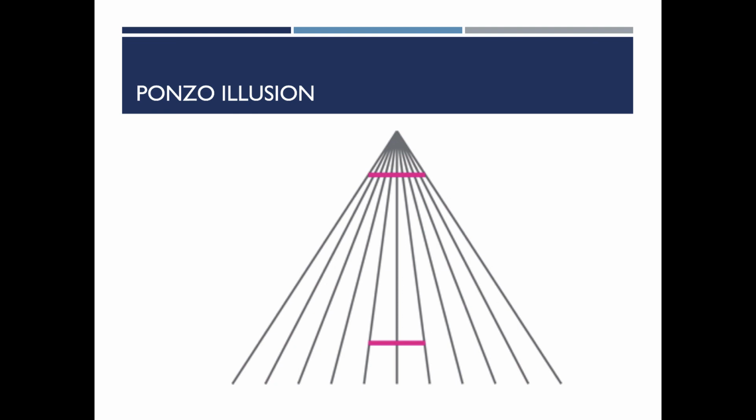And because of this linear perspective and those lines sort of converging in the distance, we assume the back line, that pink line at the back, is further away from us. And if it looks the same size while being that far away, our brain assumes that it must be huge. And that's why it appears to be larger than the one that appears to be closer to us.